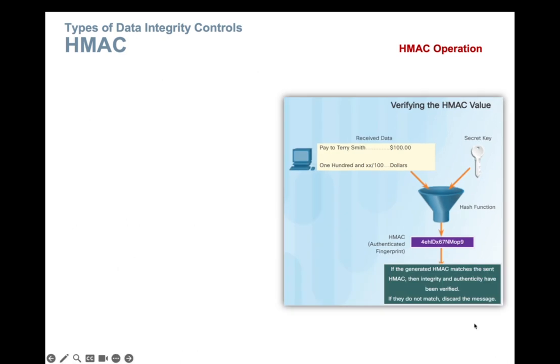Now on the receiver side, the HMAC value is verified.